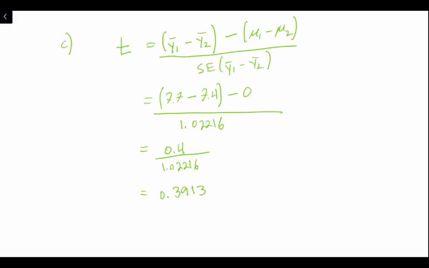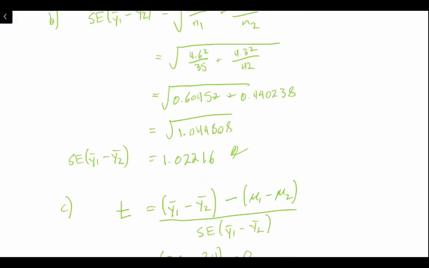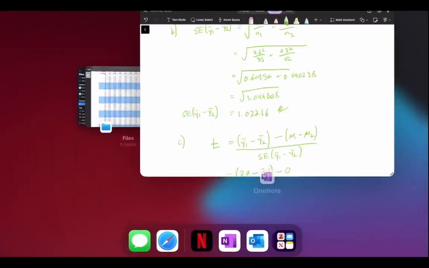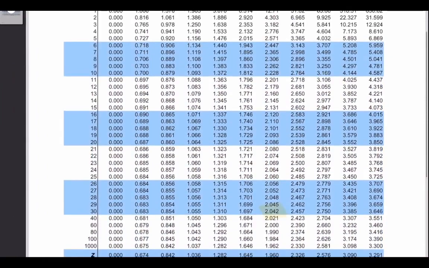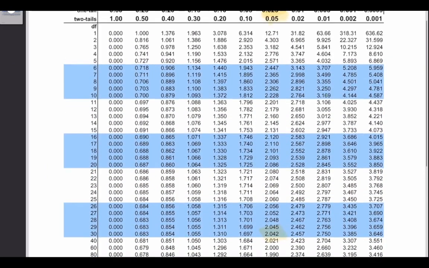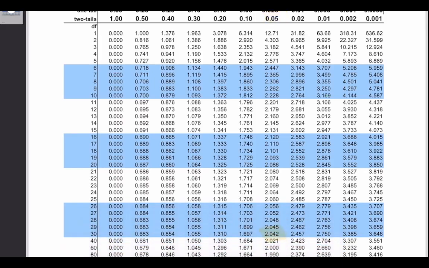Now the question is how many degrees of freedom? Because if we were to go to our t-chart, we need to be able to look up how many degrees of freedom to find our critical value. So we can just erase some of these previous markings here. We don't need those.